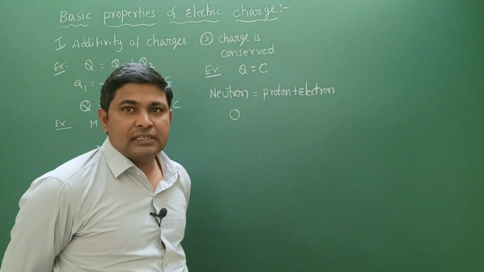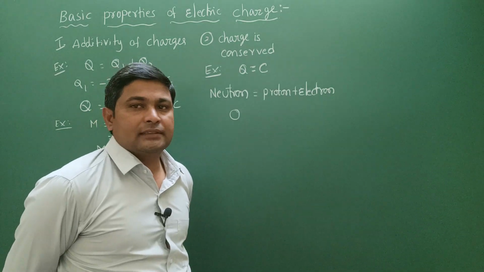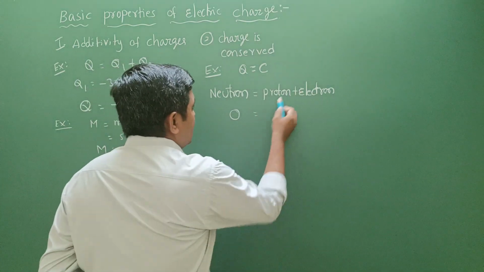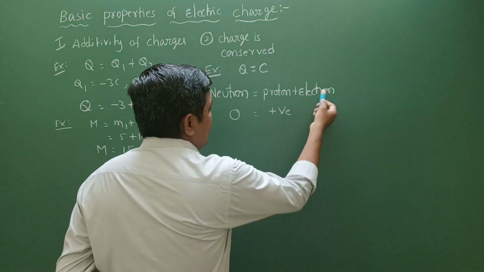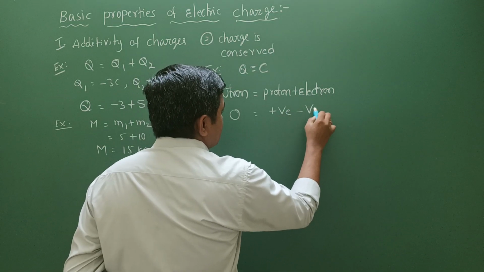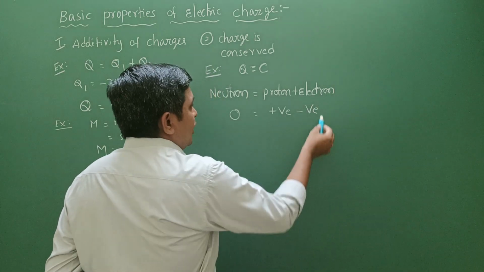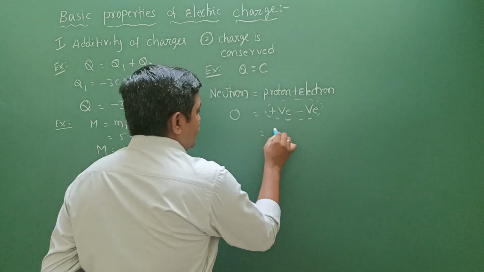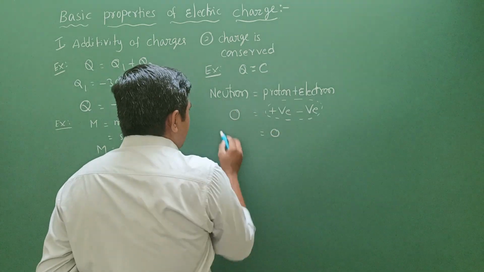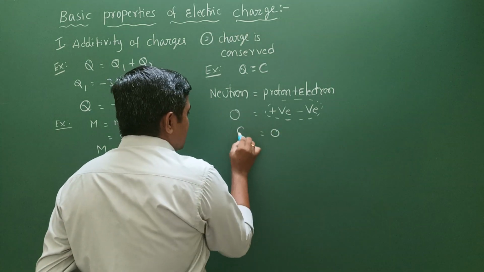Why are we saying zero charge? Electrically neutral it is. The proton is going to be the positive charge and the electron is going to be the negative charge. So positive plus negative, total again what are you going to see? Zero. And previously when we were talking about neutron, what is the charge? Zero.